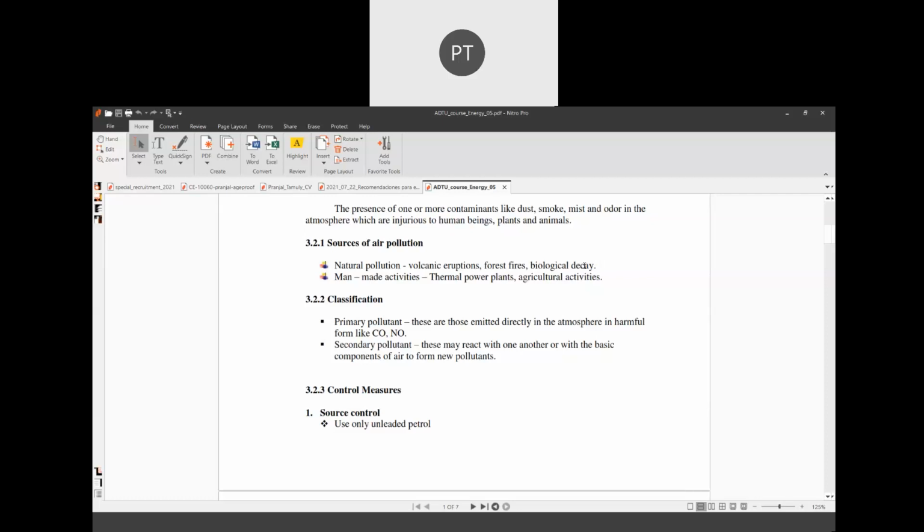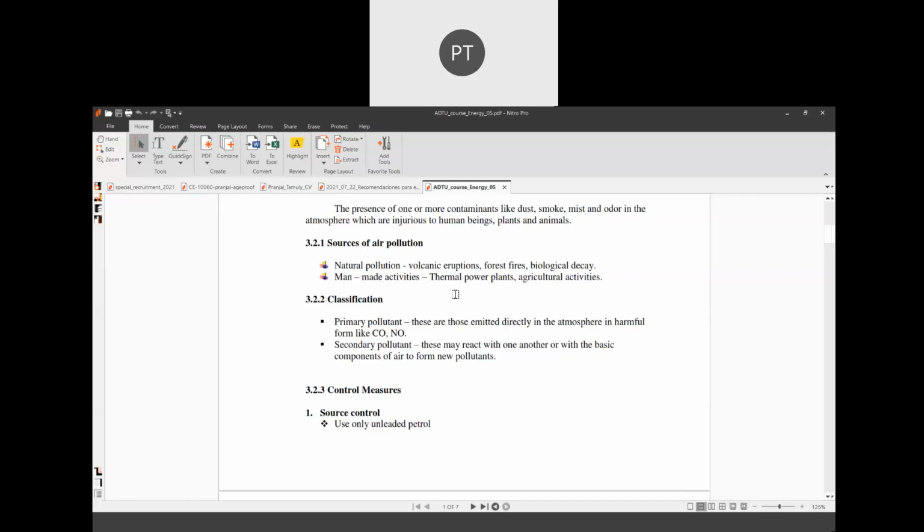Another source of air pollution is man-made sources. These include thermal pollution that occurs in thermal power plants due to the burning of coal and other fossil fuels to produce electricity. This is another cause of air pollution.